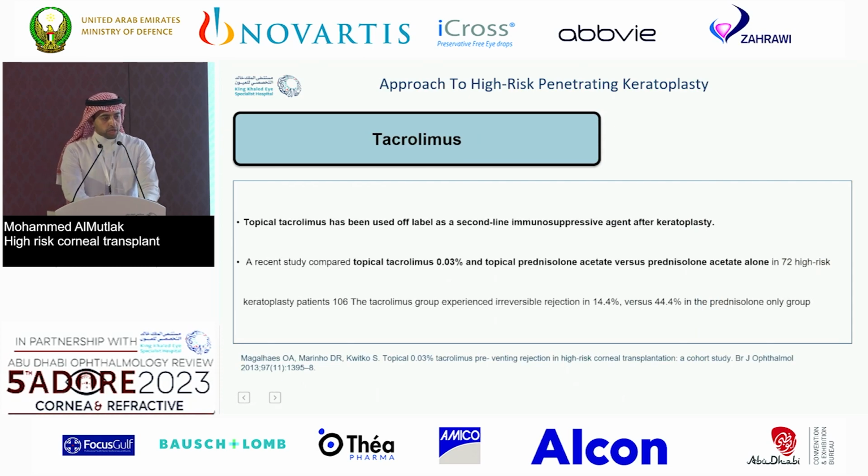Another option is topical tacrolimus. Topical tacrolimus is used off-label as a second-line agent for immunosuppression in cases of keratoplasty. A recent study looked at the combination of topical tacrolimus and Pred 40 versus Pred 40 alone, and they concluded that the combination did better than monotherapy.